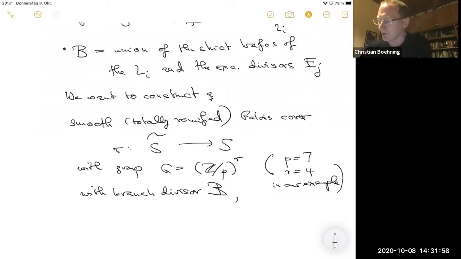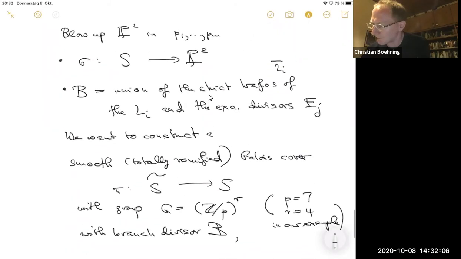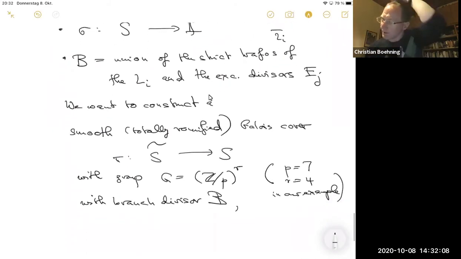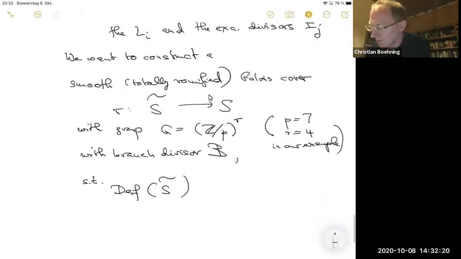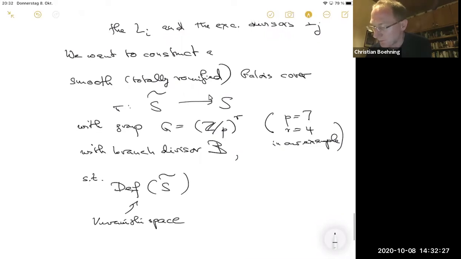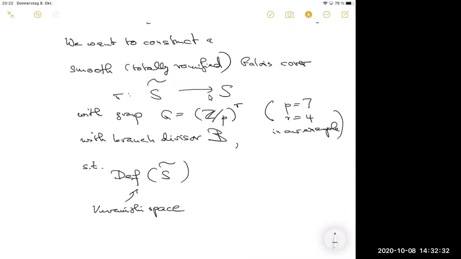And we want to arrange things such that the Kuranishi space of S tilde, which is a germ of an analytic space for me, well, you could also think about it differently, formally. Kuranishi space. Yes?